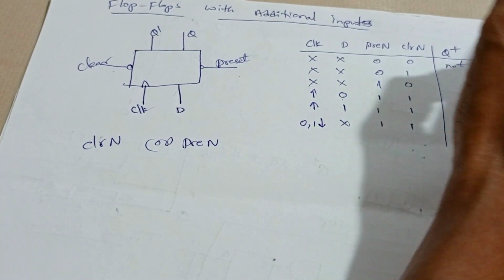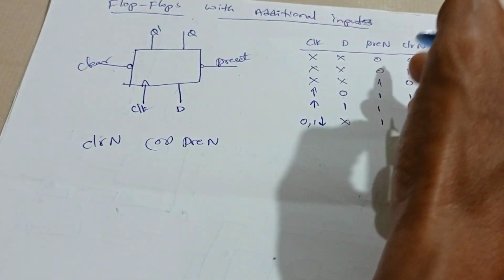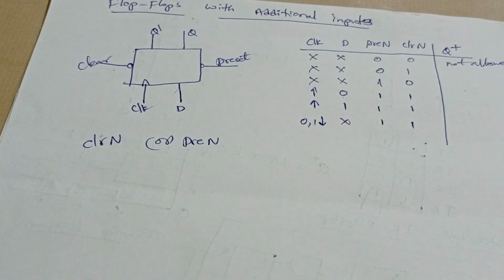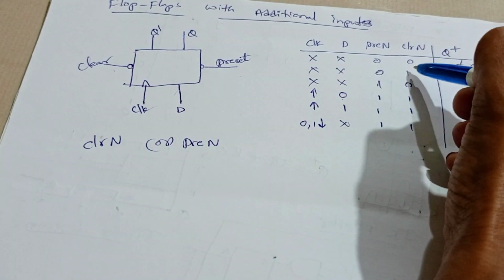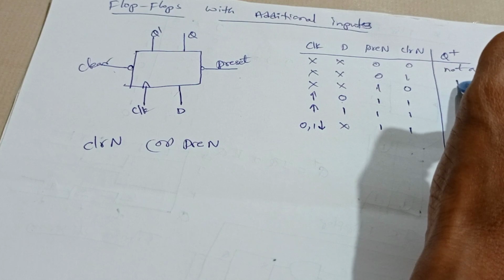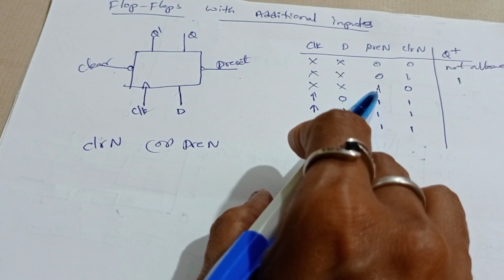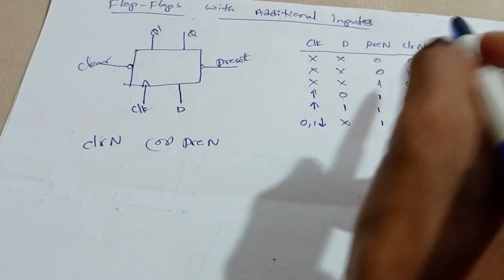When clear is 0, the flip flop is cleared. When preset is 0, the flip flop is set.